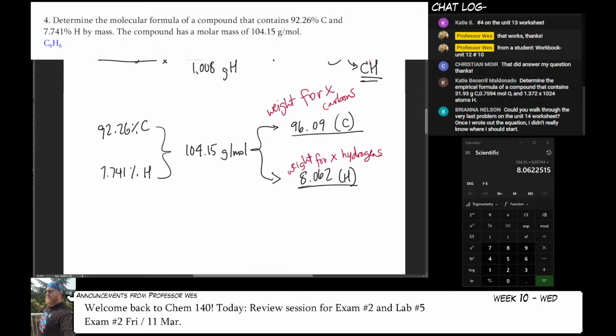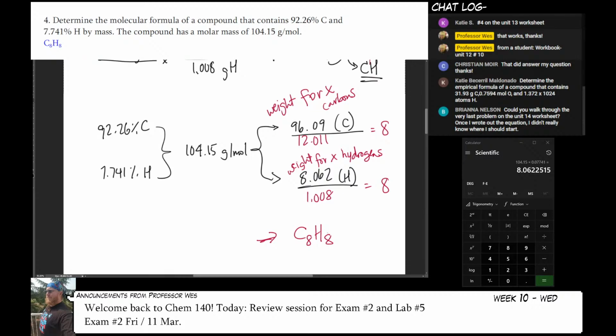All the hydrogens in our sample have to weigh this. So if I divide by what a single carbon weighs, I get that. And if I divide by what a single hydrogen weighs, I get that. And then you can say, okay, there's my formula.